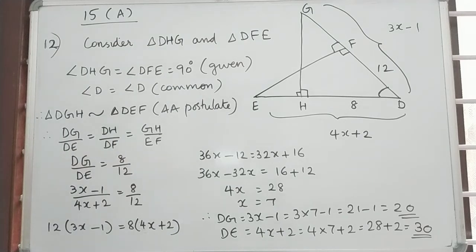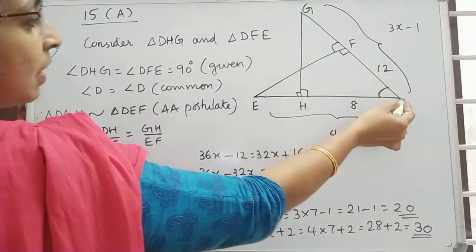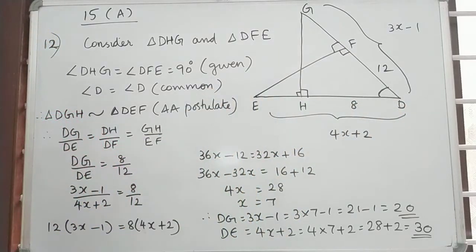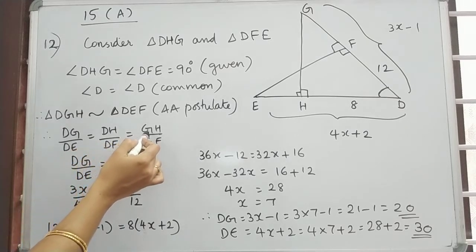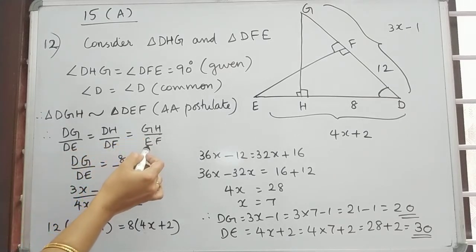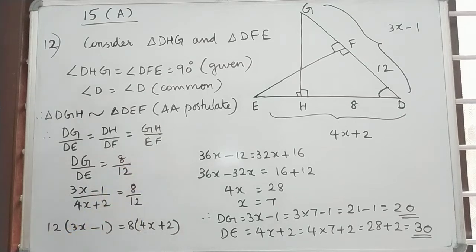Since these two triangles are similar, we can write DG divided by DE proportionality is equal to DH divided by DF is equal to GH divided by EF. First we can take these two, since we have 8 and 12 there.